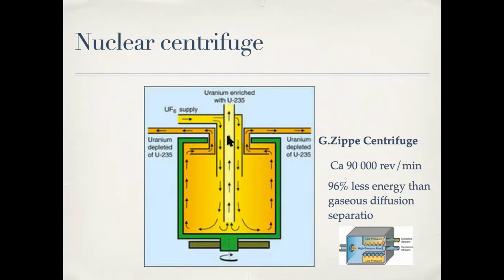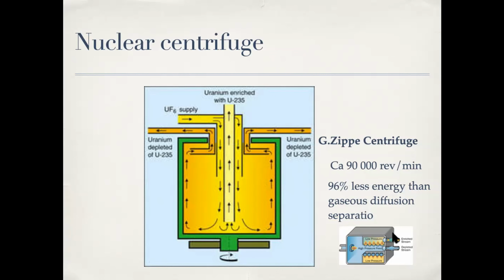built this device. And at that stage, Americans were not using a centrifuge to enrich uranium; they used diffusion separation, which is shown here on the lower part of the drawing, and which was very expensive and energetically very inefficient.